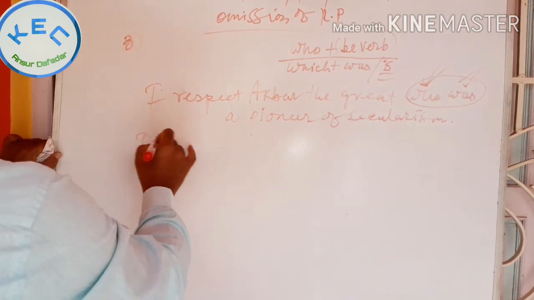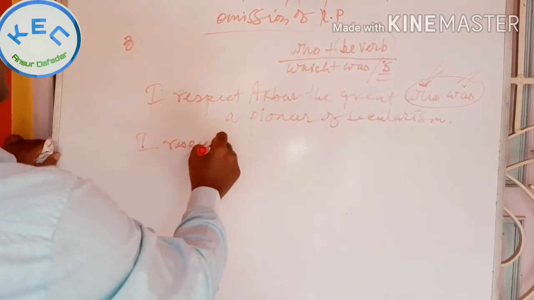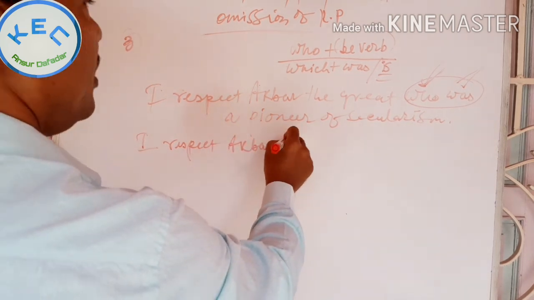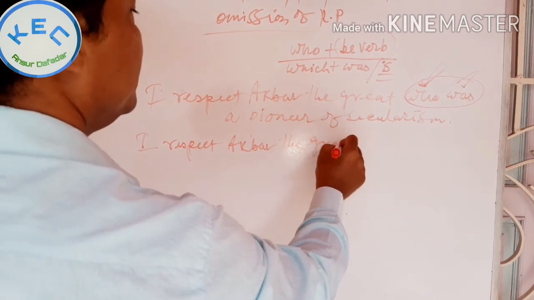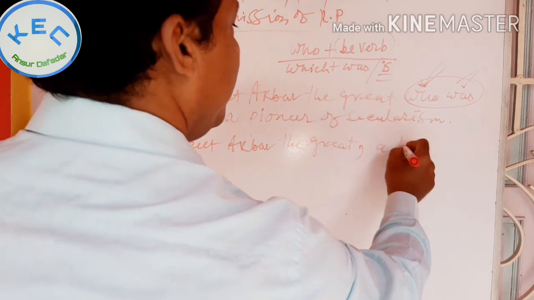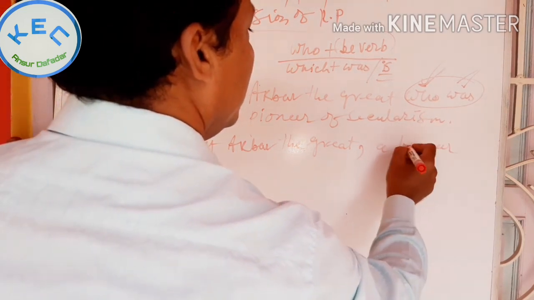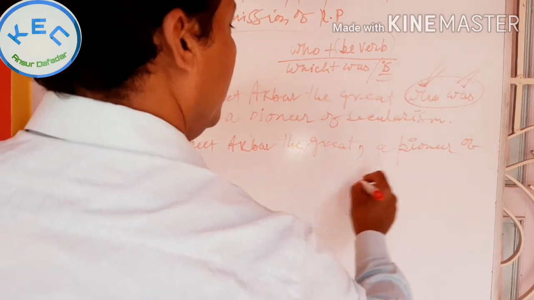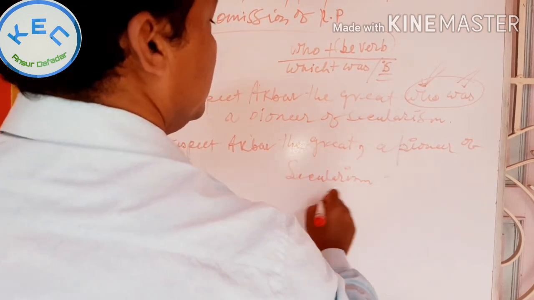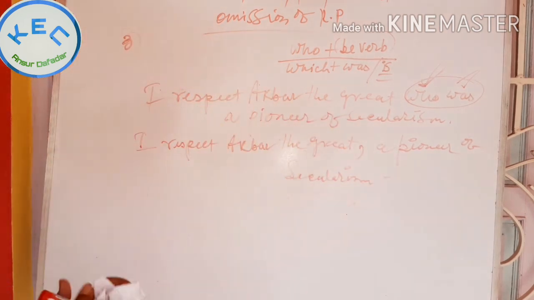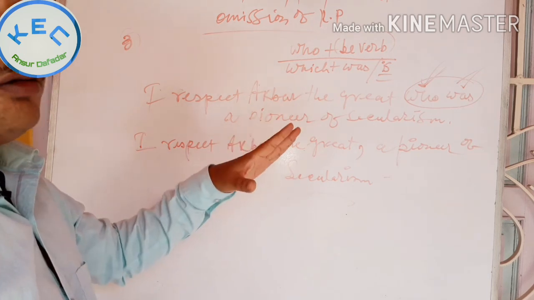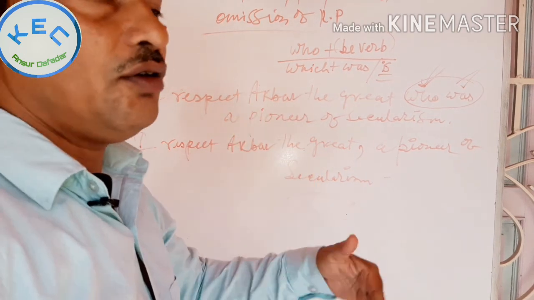I respect Akbar the Great, a pioneer of secularism. So these are all the situations where the relative pronoun can be omitted if we want.